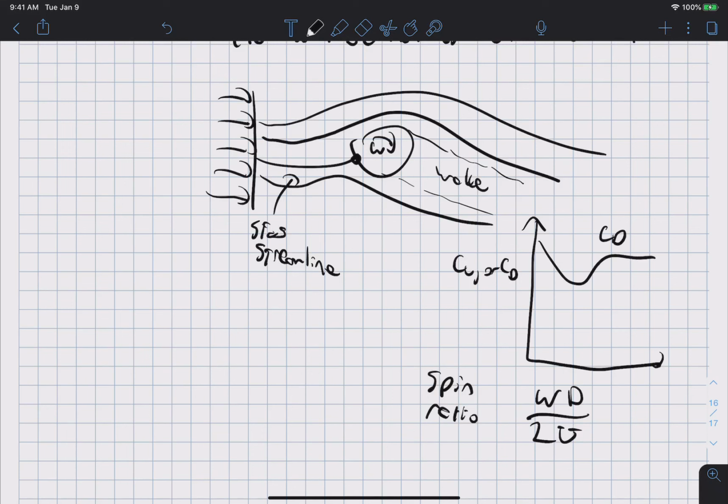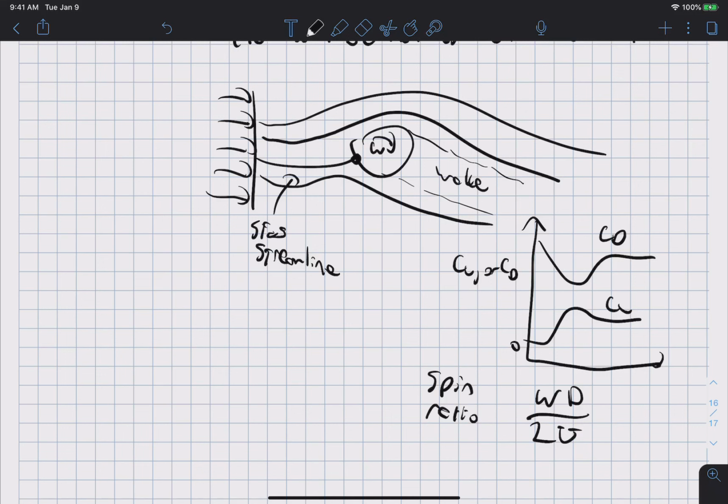It doesn't vary that much, and the lift coefficient actually has a huge increase at 0 here. I should probably draw that a little more qualitatively correct. Okay, and so basically this explains why if you put backspin on a golf ball, it can actually float a lot longer.